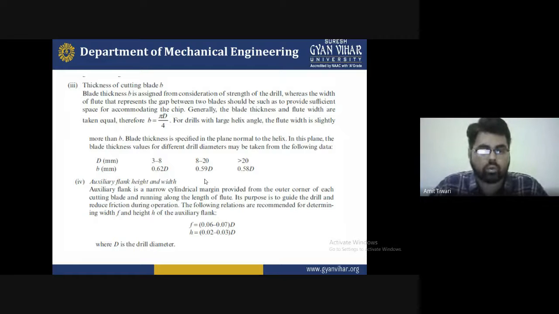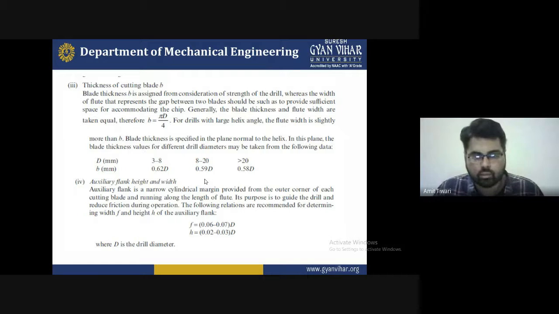So the blade has a high length, good thickness and heavy sharpness. These are the criteria adopted when making the auxiliary flank height and width: 0.06 to 0.07, and 0.02 to 0.03.